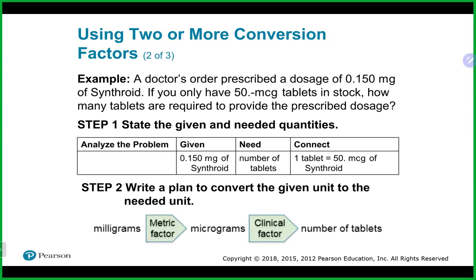So this is one of those places where we are going to get our conversion factor out of the actual problem itself. That basically means there's that micro weird symbol. So one tablet has 50 micrograms and we're looking for milligrams, right? So the idea here is we have 0.15 milligrams and our tablet is 50 micrograms here. I'm just going to use that symbol there.